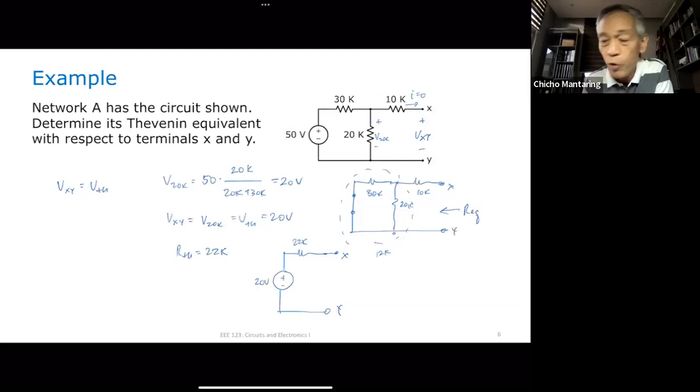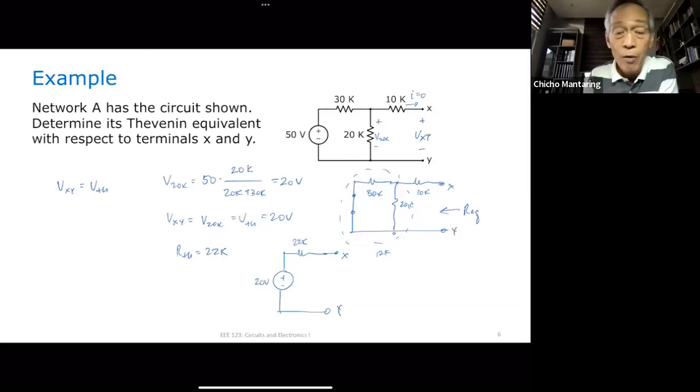If they are equivalent, it means that if I connect something here, and I connect that same thing here, that thing that I connect will not know the difference between the two. That is what equivalence means. If I connect a load here and connect the same load here, that load will not know which one is connected to it, whether it is the top circuit or the bottom circuit, because they are equivalent.